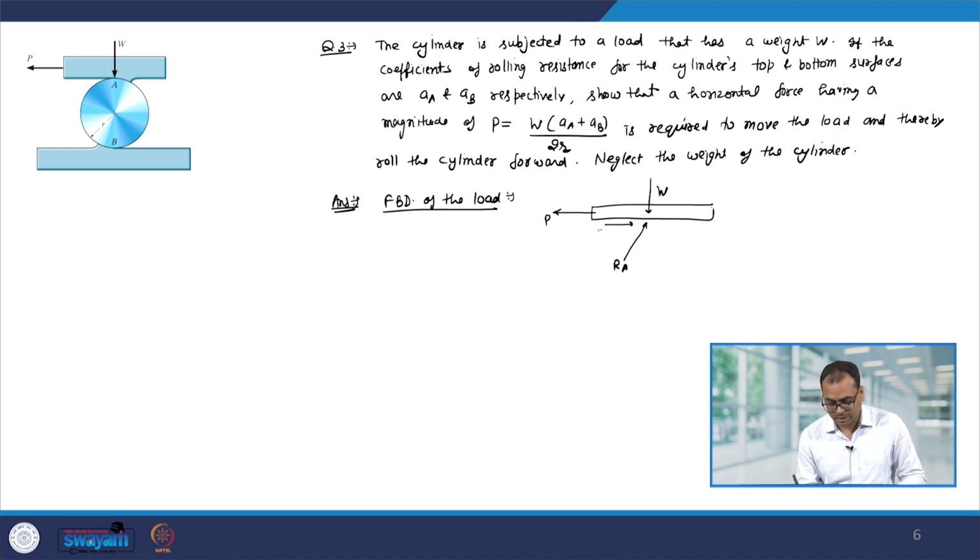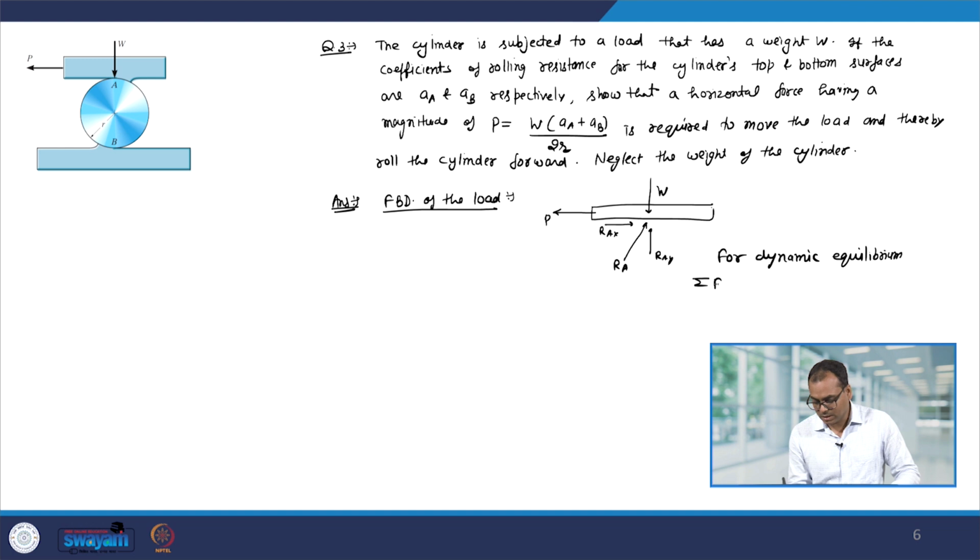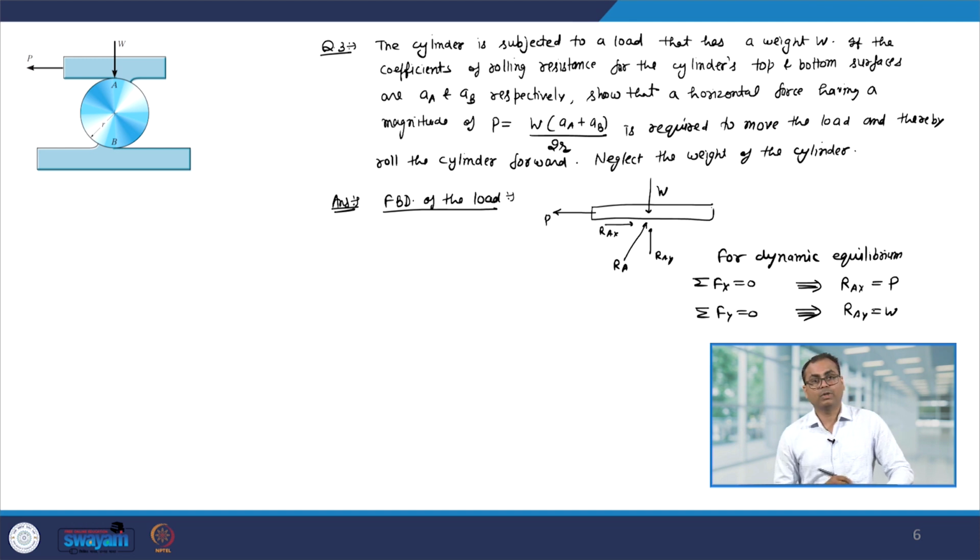So, let us say the horizontal component is R A x and its vertical component is R A y. Then because everything is in dynamic equilibrium, we can use summation f x equal to 0. So, we have summation f x equal to 0 and this gives me R A x equal to P. Similarly, summation f y equal to 0 is going to give me R A y equal to W.